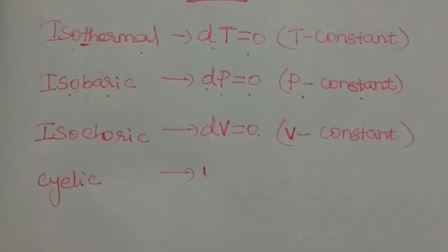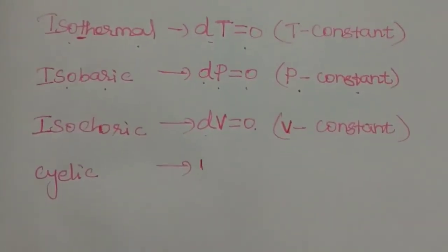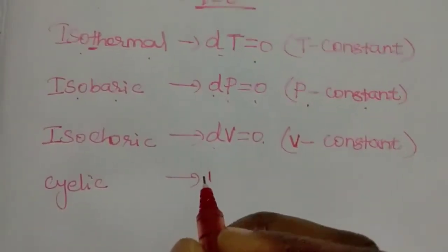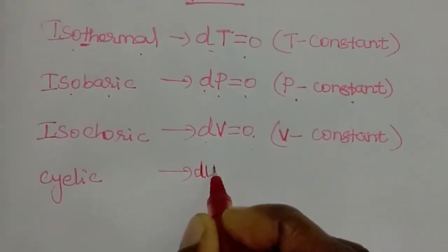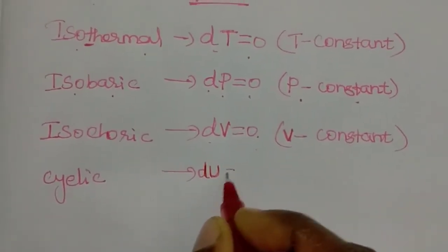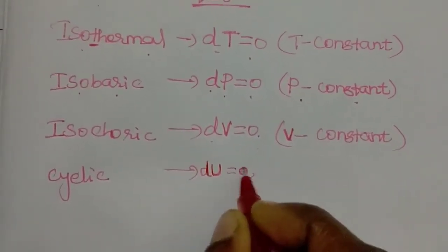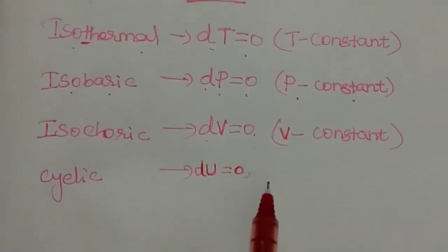So what are the conditions we have? Difference in internal energy, dU, is equal to 0 because there is no change in the cyclic process.